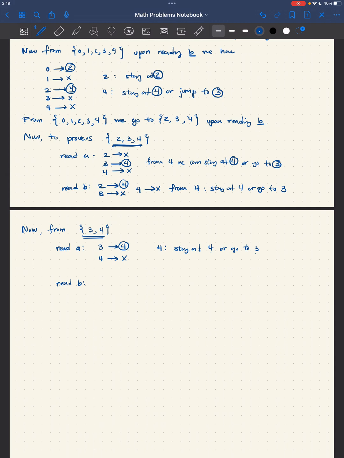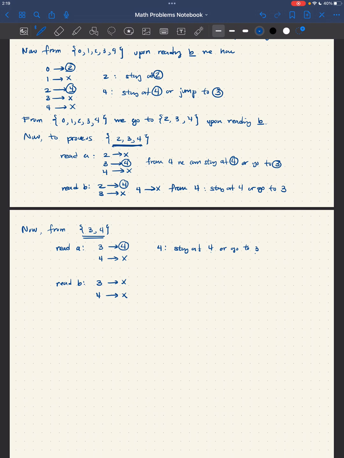What if we read a B? Well, if we read a B, it would be from 3, nowhere. From 4, nowhere. That means that we go nowhere. That's the signal for a sink state.